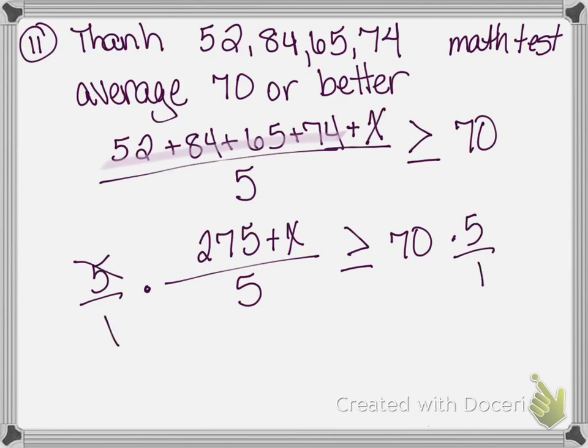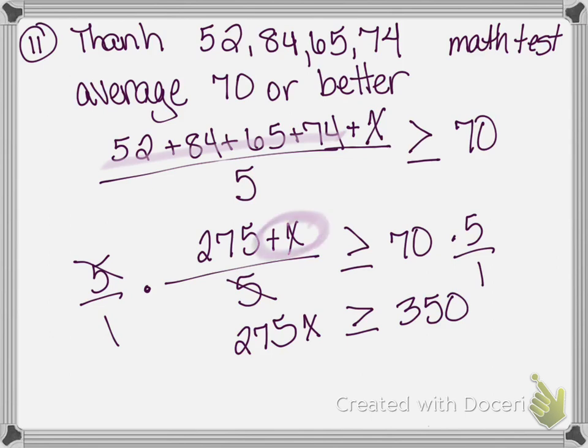Okay? Here, that cancels. I have seen many students then take this 275 plus x and they turn it into 275x. And I'm not sure why. Okay? So this right here is plus x.